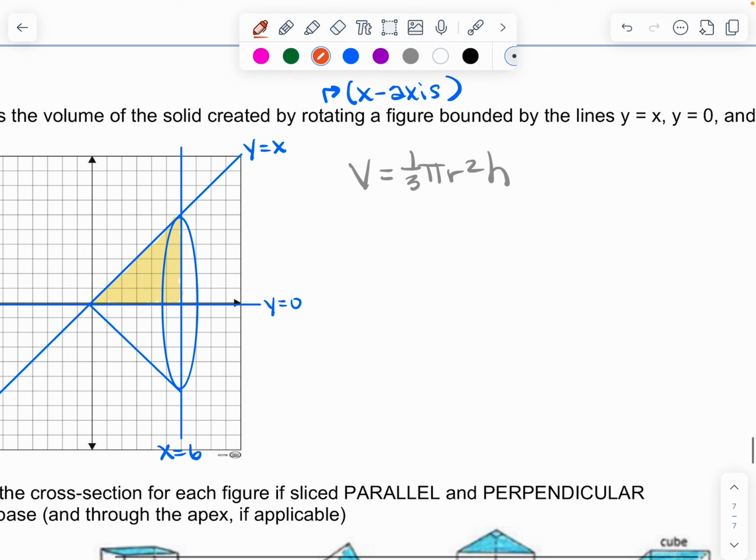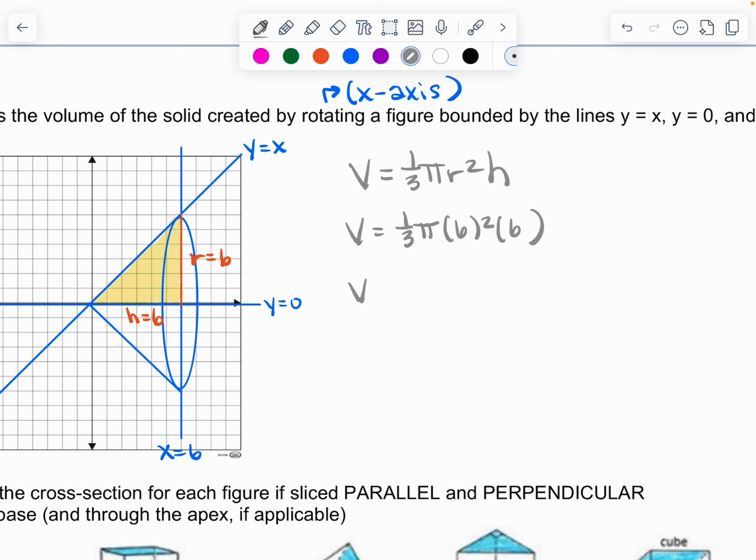At the end of the day, it's not that difficult of a question because we know the volume of a cone is 1/3 pi r squared h. And the coordinate plane is giving us all the information we need. The radius, 1, 2, 3, 4, 5, 6, so the radius is 6. And the height, 1, 2, 3, 4, 5, 6 also, obviously, since it's going out to x equals 6. So the radius is 6, the height is 6.